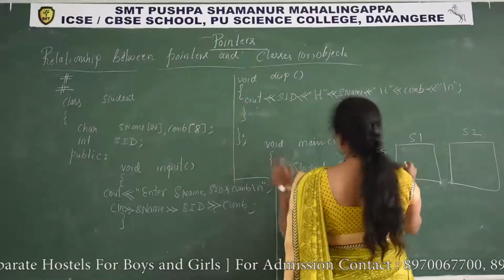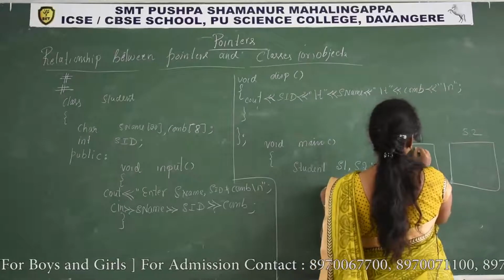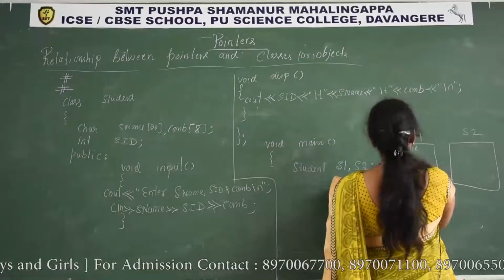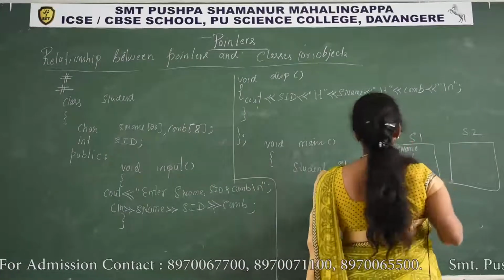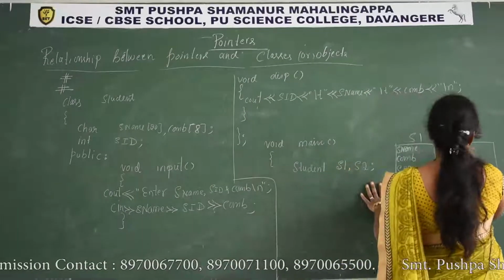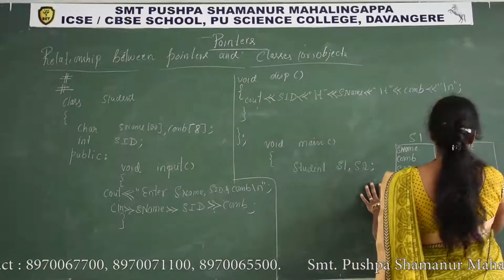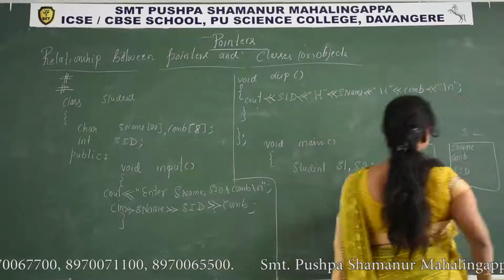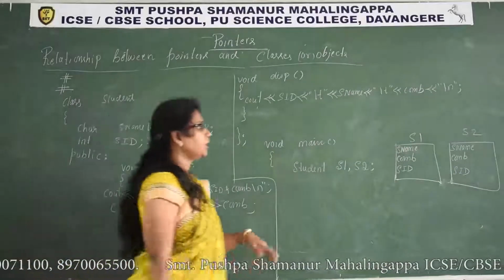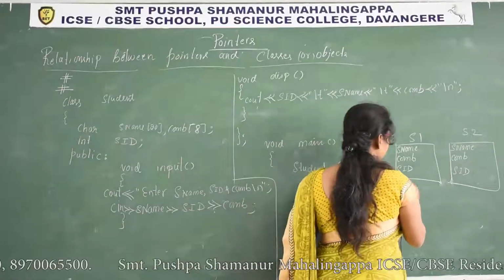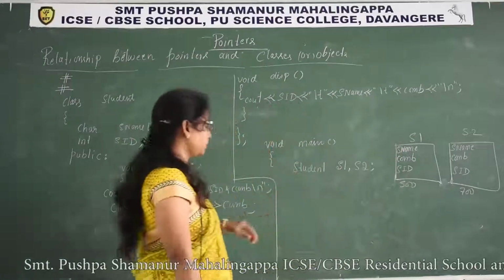What are the members? Name, combination and student ID, and here also name, combination, student ID. These are the data members of each object, and every object has its own memory address. I'll take 500 and 700. Random allocation will take place.